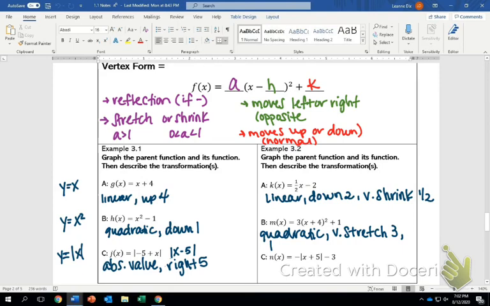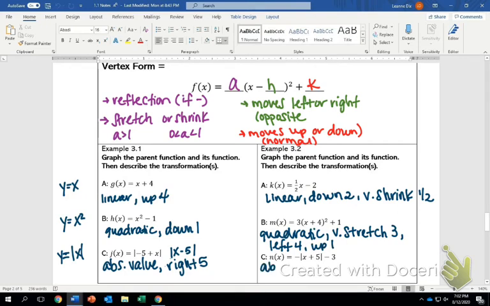The next thing is inside of our grouping symbols. I see a +4. So typically, if I'm moving left or right, and I see a +4, I want to go to the right, but I have to do the opposite. So this is going to be left 4. And then finally, that +1 is in the K position, so it would be up 1.